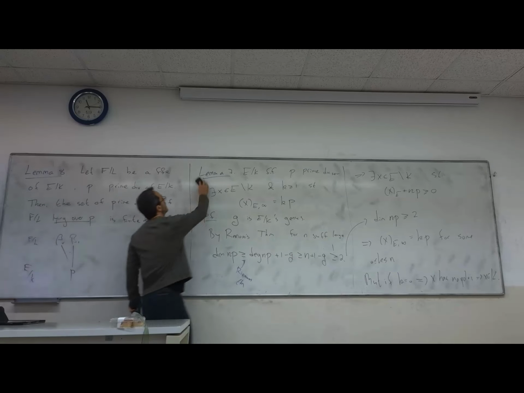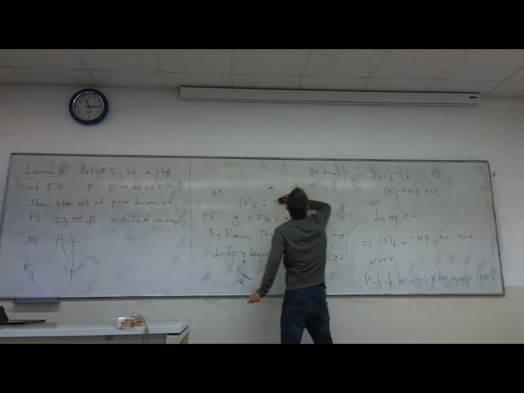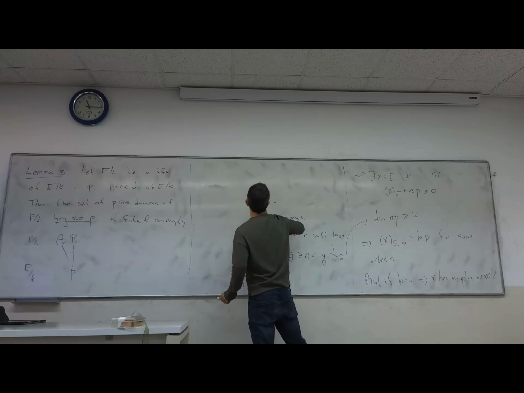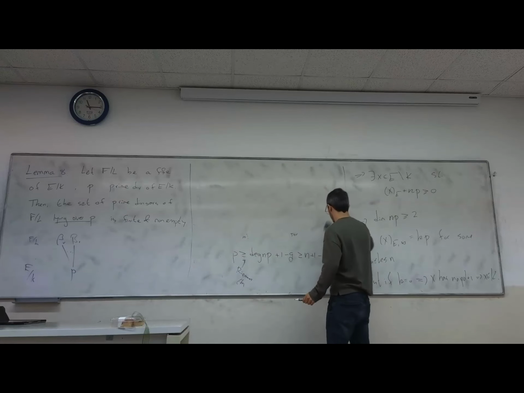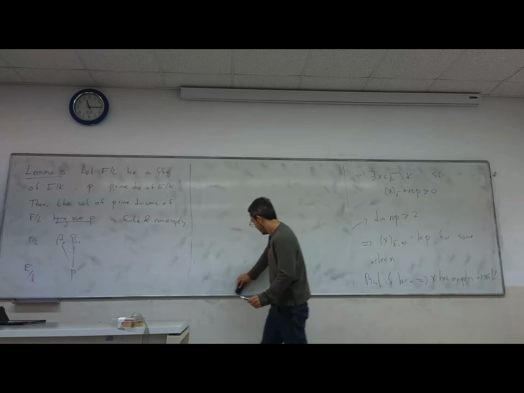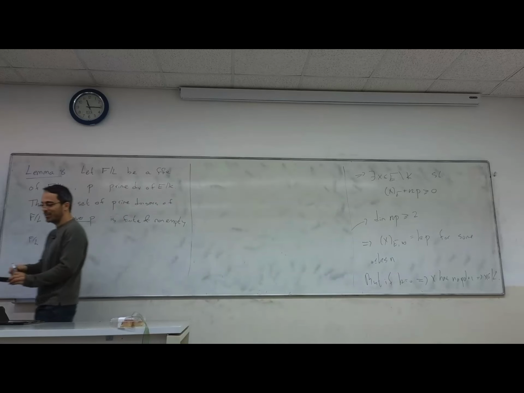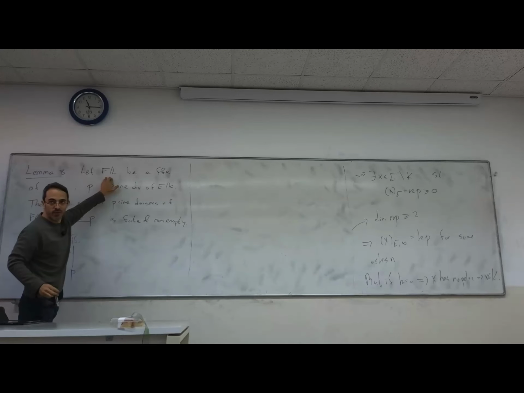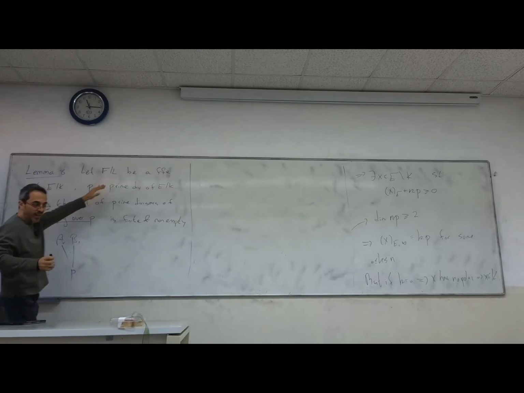Good. So let's prove that. And it's really important that we are not talking about the rational function field and then some place above it. We're looking at any two function fields.